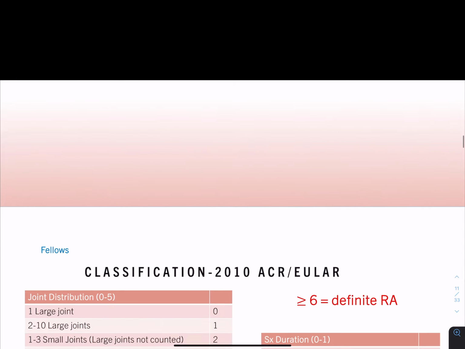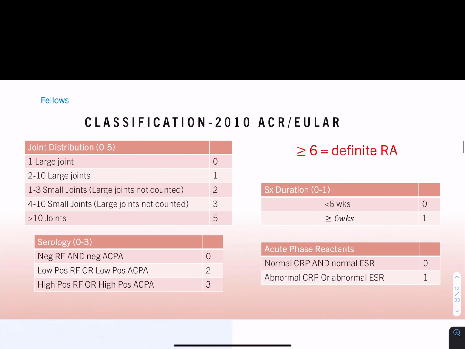Next, we have the classification for rheumatoid arthritis from the 2010 ACR and EULAR guideline. This was in comparison to the previous 1987 ACR rheumatoid arthritis classification criteria. These criteria consider 4 different classification categories: joint distribution, serology, symptom duration, and the presence of abnormal acute phase reactants.